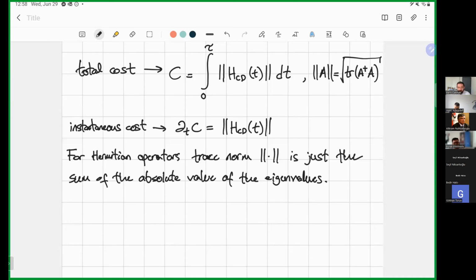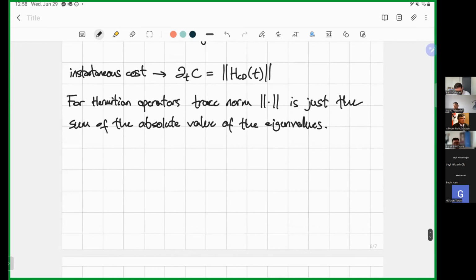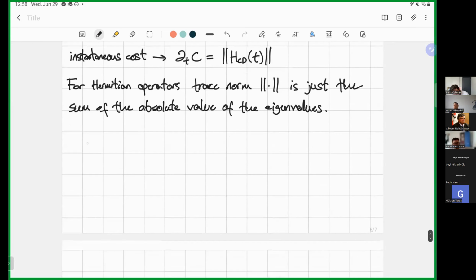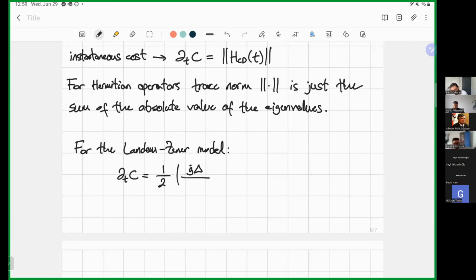So let me look at the instantaneous cost for the Landau-Zener model. del T C is equal to 1/2 times the absolute value of G dot times delta divided by G squared plus delta squared.